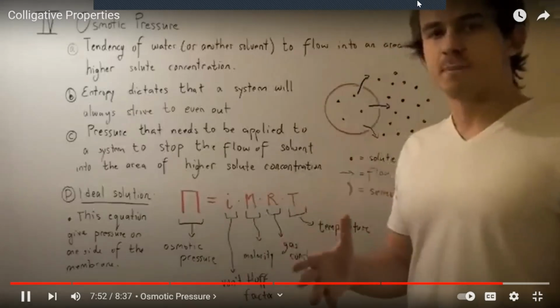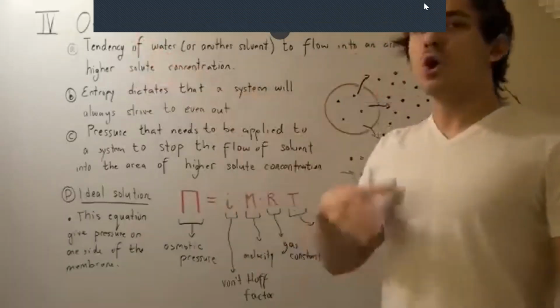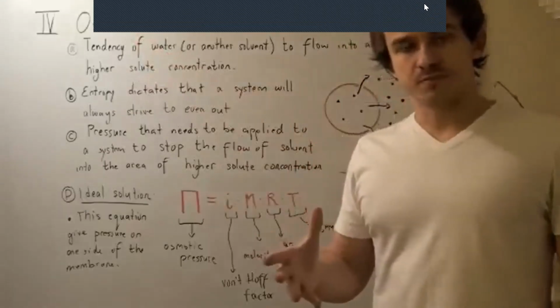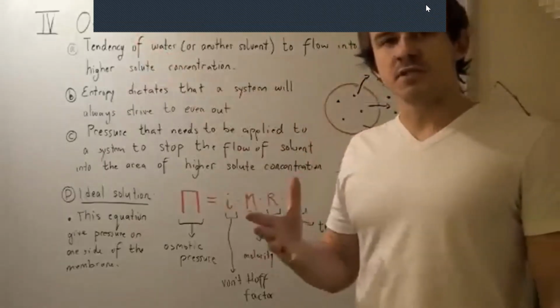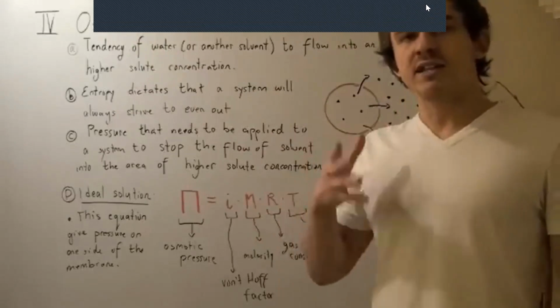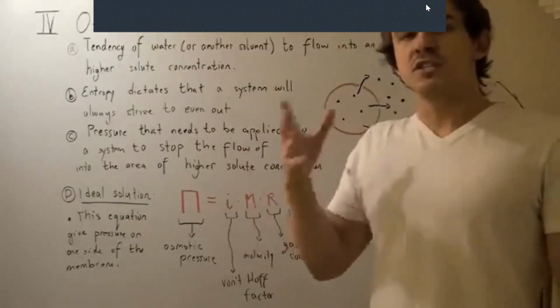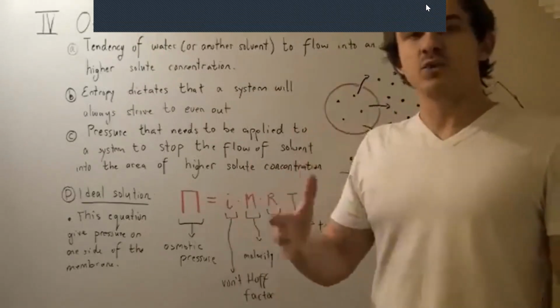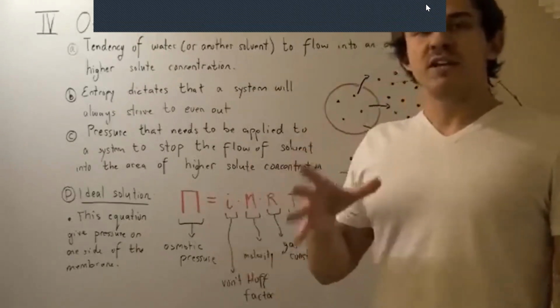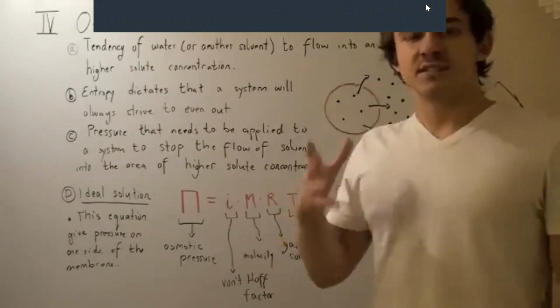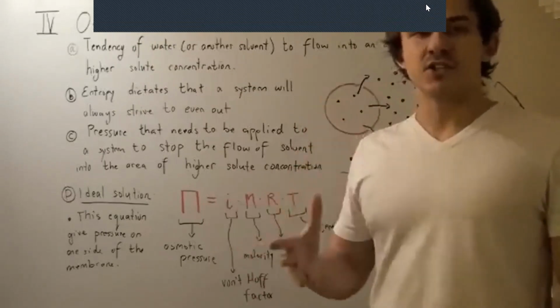Now, whenever we talk about osmotic pressure, we also talk about osmotic potential. Now, any pure substance, such as pure water, is automatically given an osmotic potential of 0. And any impure substance, so if we add a solute to water, we give it an osmotic potential of less than 0. So it has a negative osmotic potential.